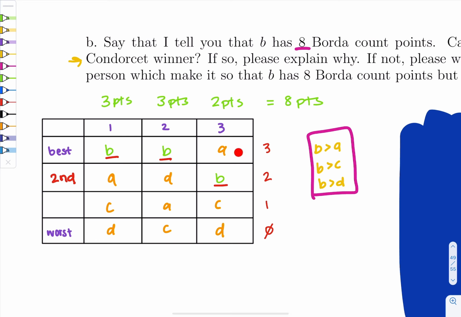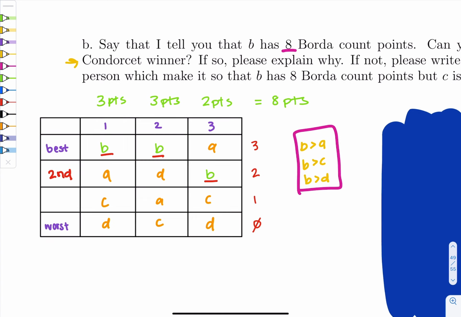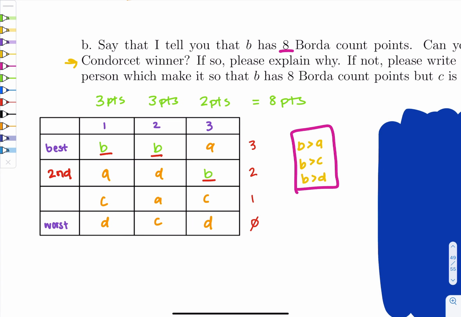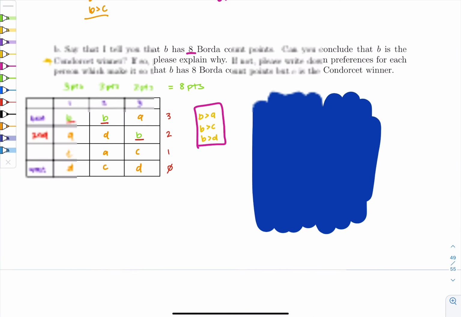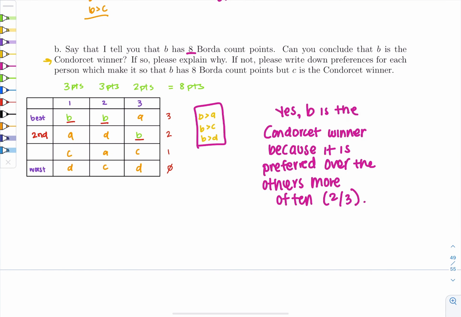Then although B doesn't beat A here, because it beat it 2 out of the 3 times, B beats A. B beats C, B beats C, B beats C. And then B beats D, B beats D, and B beats D. So yes, it is the Condorcet winner because overall, B is preferred more often over the other candidates than the other candidates are by other voters. By others, I mean other candidates, more often, two out of the three times.